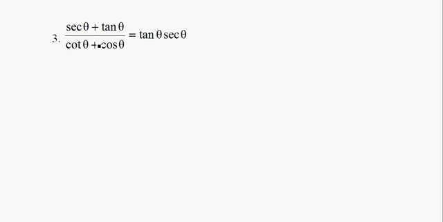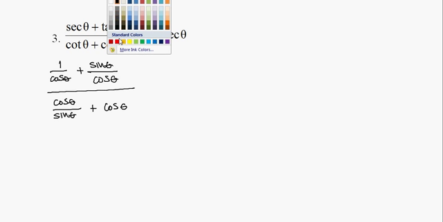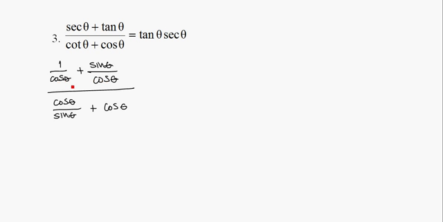So here we're working on the left-hand side, let's just cut to the chase. 1 over cosine theta plus sine theta over cosine theta, all over cosine theta over sine theta plus cosine theta. I think the easiest way is to multiply by a common denominator. So the common denominator of this whole thing is cosine and sine. So I'm going to multiply the top by cosine sine and the denominator by cosine sine.